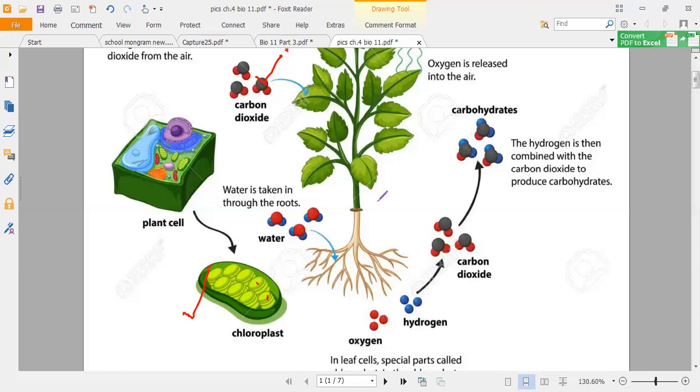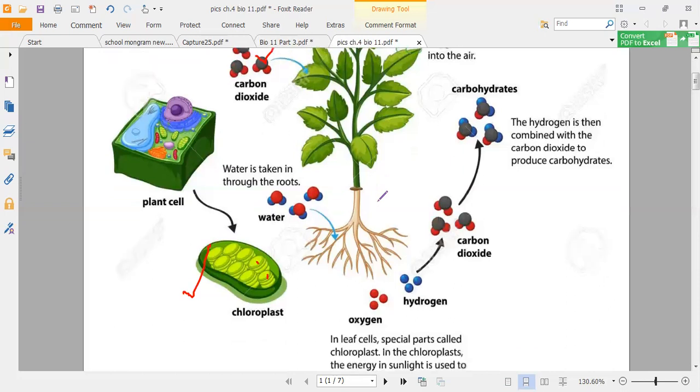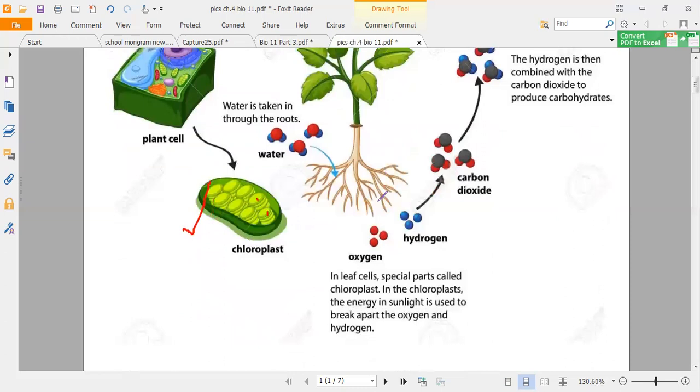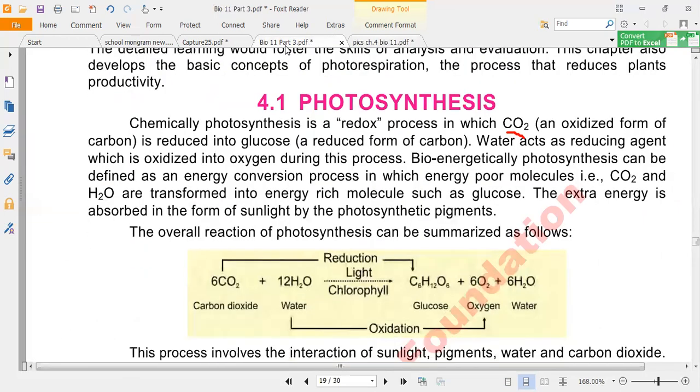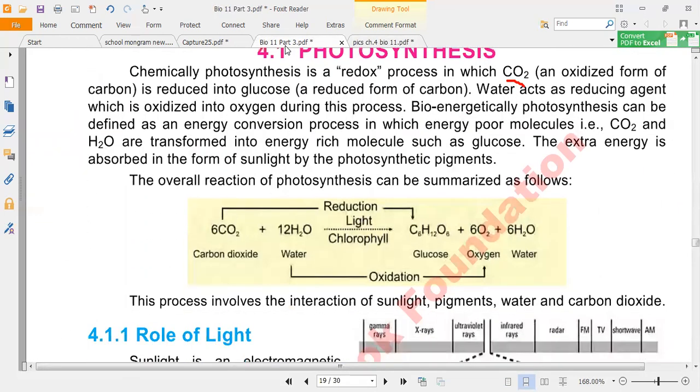This is not actually a simple process. This is a very complicated process. Lots of enzymes are utilized in this oxidation reduction reaction.